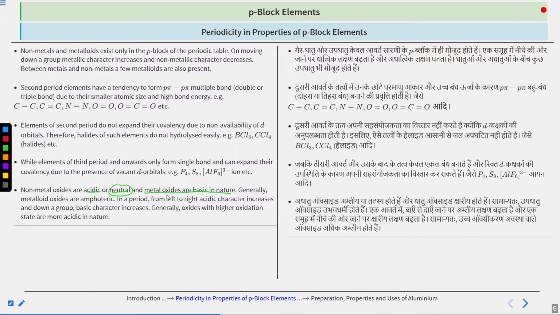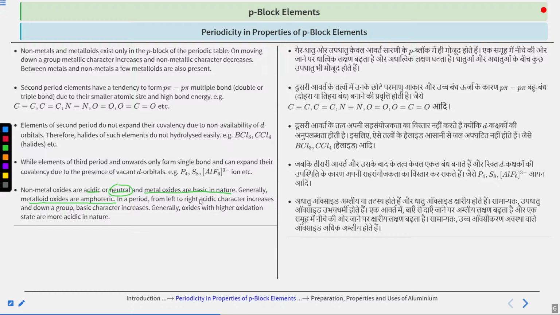Whereas metallic oxides, suppose ferric oxide or cuprous oxide, are very basic in nature, because in that case the metal has a tendency to lose electrons, and that has been passed on to the oxygen, which in turn has a tendency to give electrons. As a result, their basic character increases, whereas in non-metals the opposite case is seen. And what about metalloids? Metalloids are amphoteric in nature. Amphoteric means they show both acidic and basic properties.